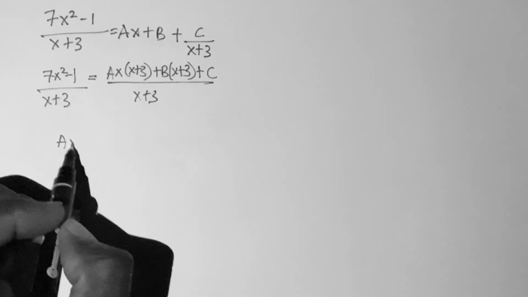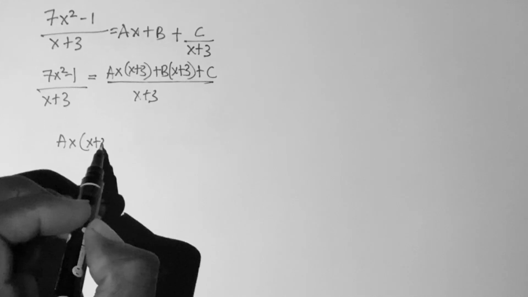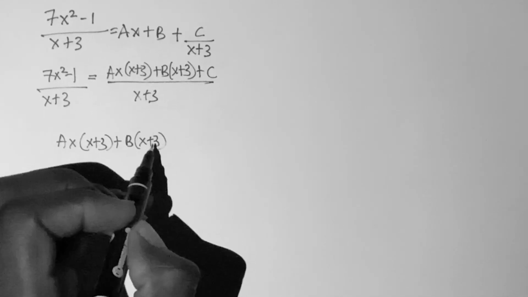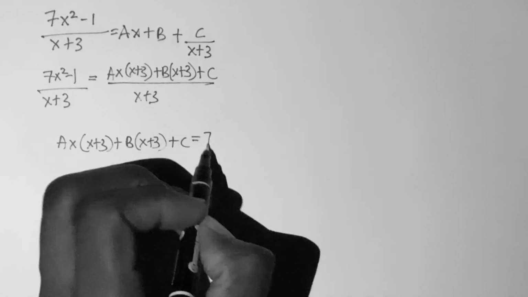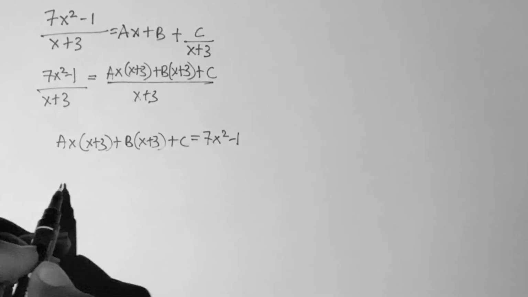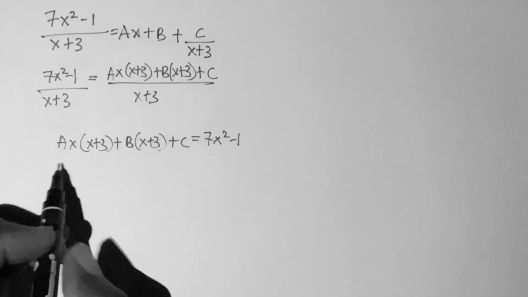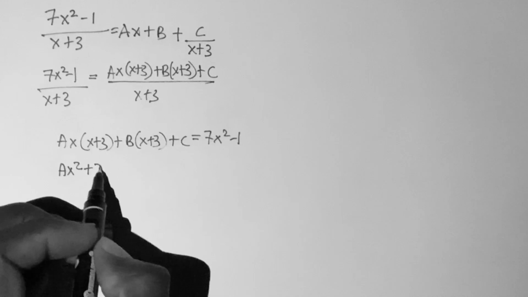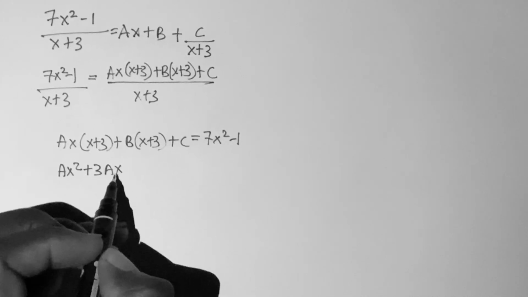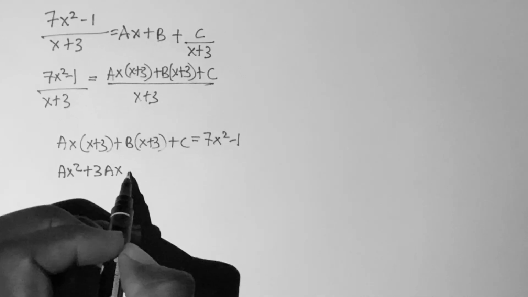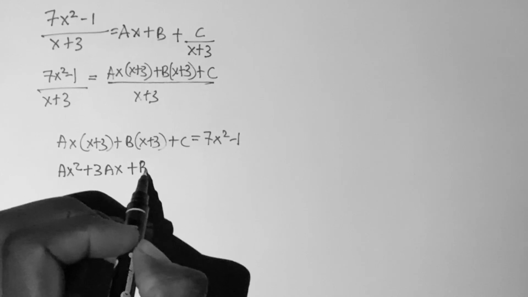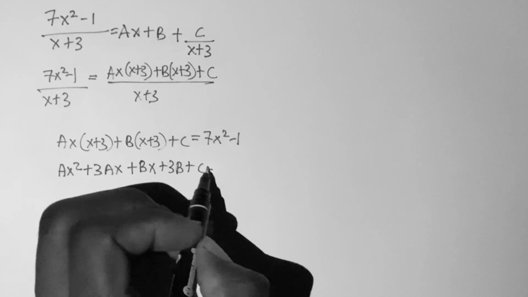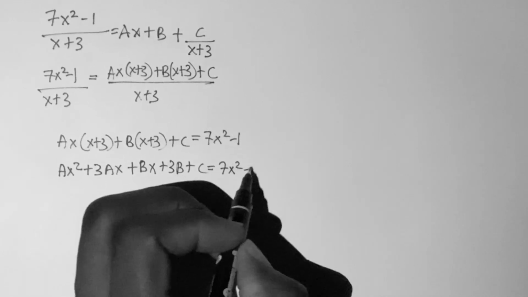Therefore ax times x plus 3, plus b times x plus 3, plus c is equal to 7x squared minus 1. So let's expand all. This becomes ax squared, plus 3ax, plus bx plus 3b plus c is equal to 7x squared minus 1.